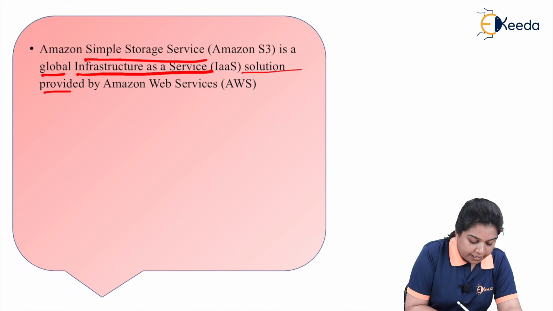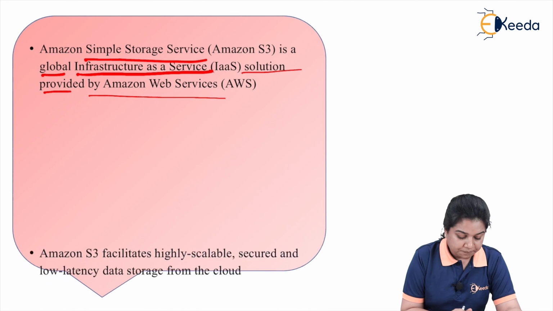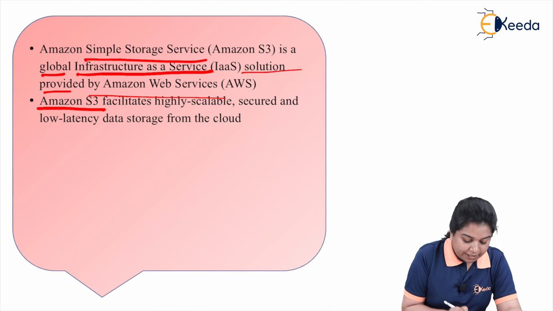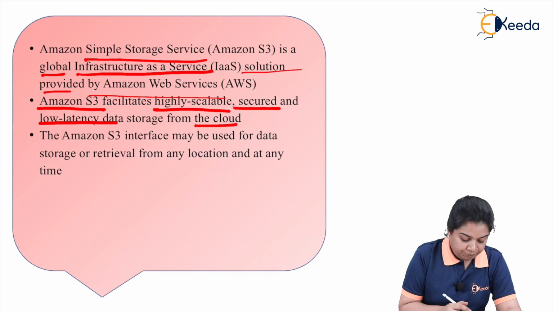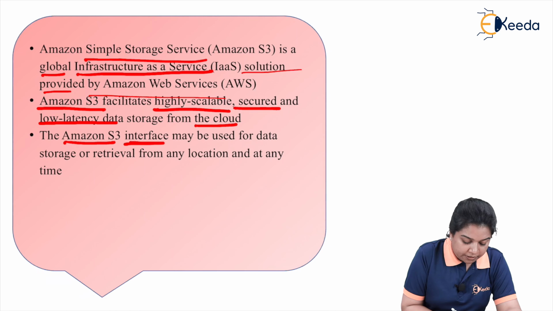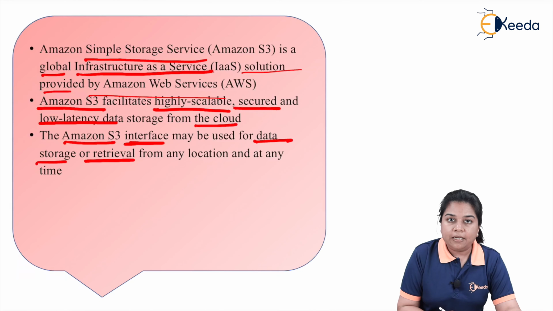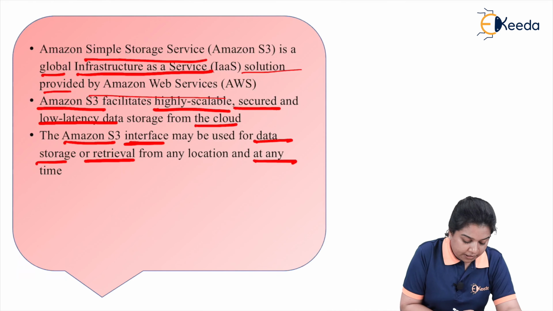It is a solution provided by Amazon Web Services. So Amazon S3 facilitates highly scalable, secured and low latency data storage from the cloud. The Amazon S3 interface may be used for data storage or retrieval from any location and at any time.